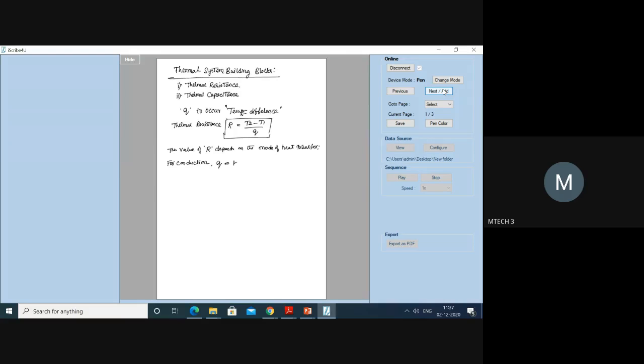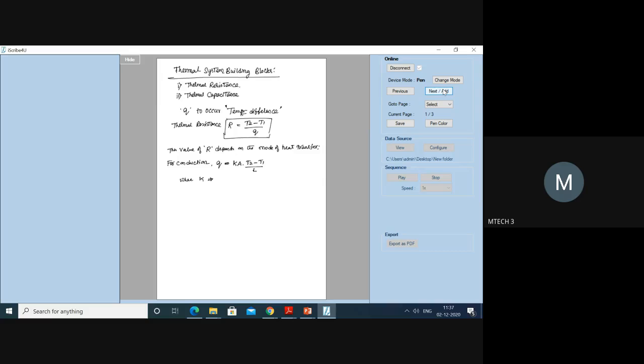Q is equal to K A (T2 minus T1) divided by L. Correct? Where K is what?